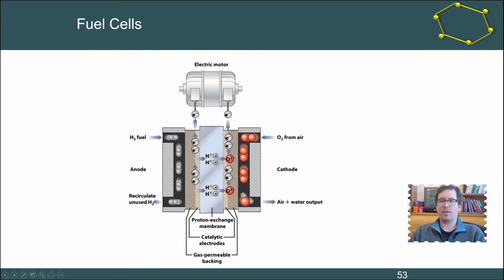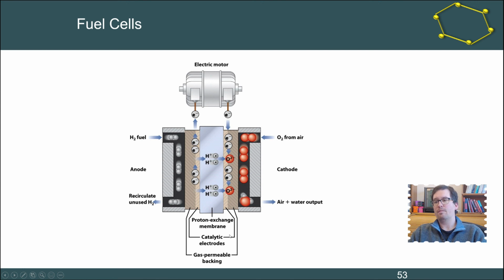So here's a diagram of how that looks. We have our hydrogen side of our fuel cell over here. We have our cathode side with oxygen on this side. So again, that hydrogen is being oxidized ultimately to water. Oxygen is being reduced to water. We have a flow of protons across our proton exchange membrane and a flow of electrons from one side to the other. So again, a little bit more of a complicated setup than our simple voltaic cells from before. But again, the guiding principles are about the same.